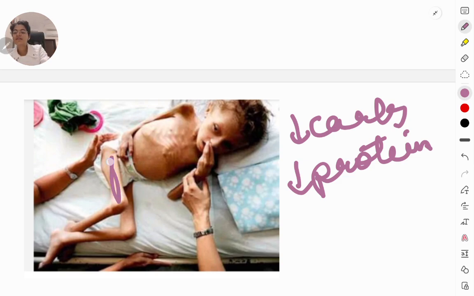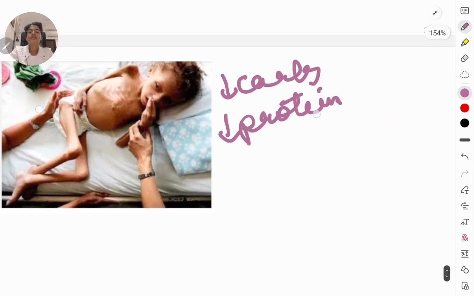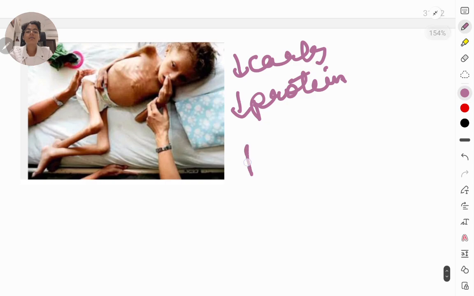Muscle wastage, obviously you can just see the condition of the child. Anemia is again seen, and weakness he is having. His face tells that he is feeling weakness. There is no edema anywhere. I can't find any swelling. So right, now this is the case of marasmus.